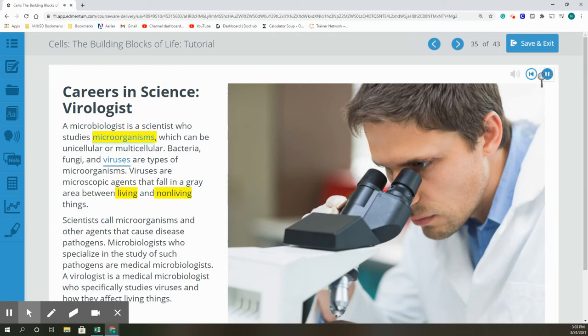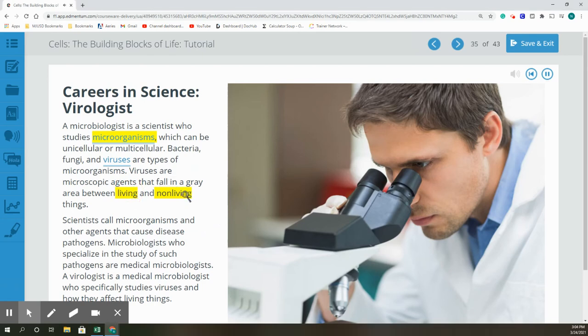Careers in science. Virologist. A microbiologist is a scientist who studies microorganisms, which can be unicellular or multicellular. Bacteria, fungi, and viruses are types of microorganisms. Viruses are microscopic agents that fall in a gray area between living and non-living things.